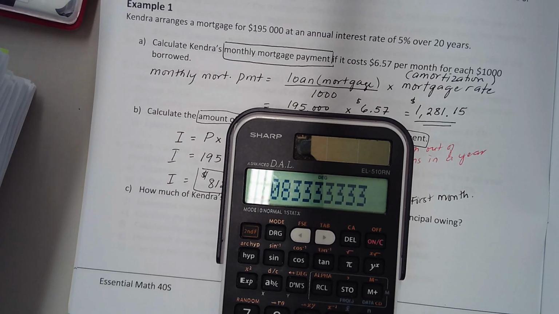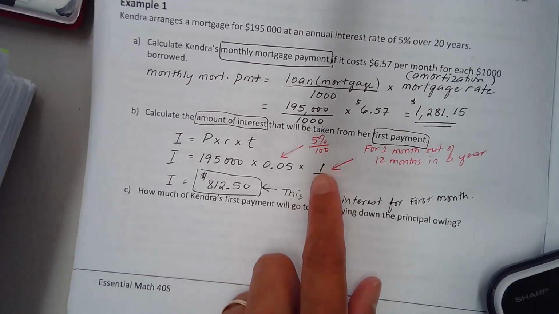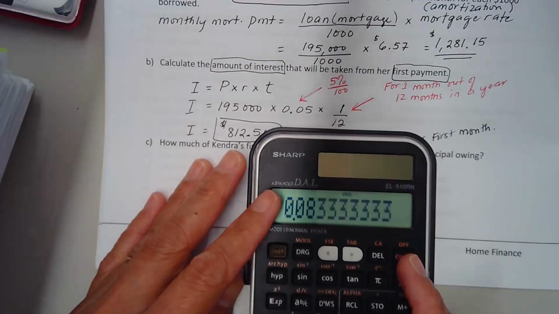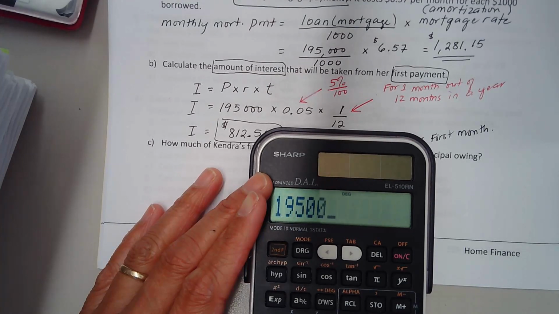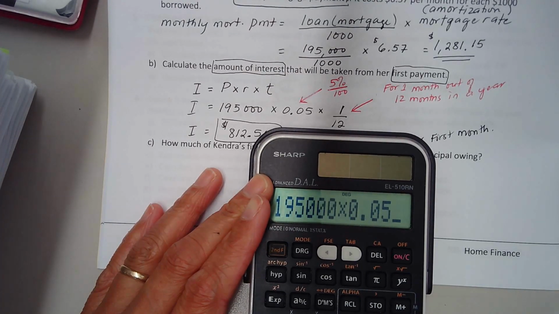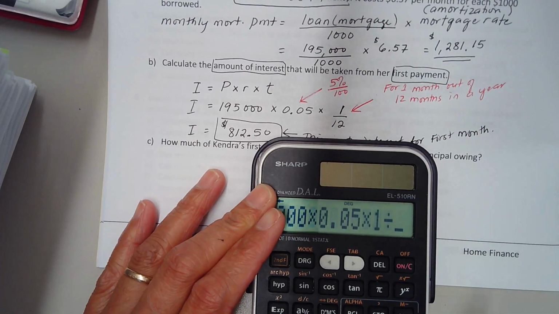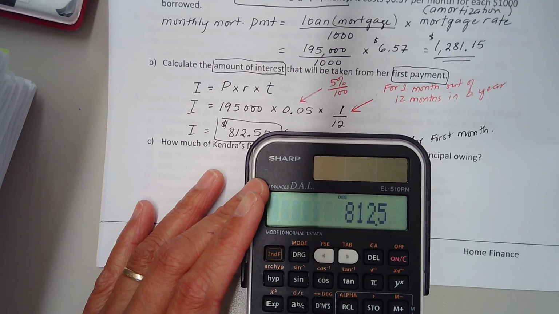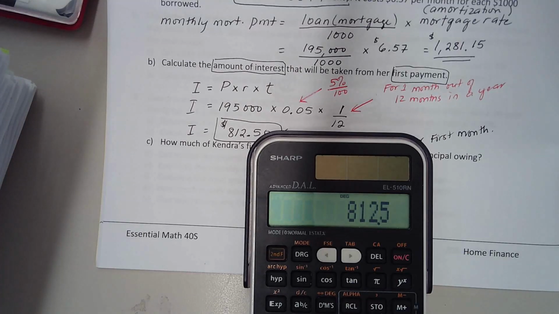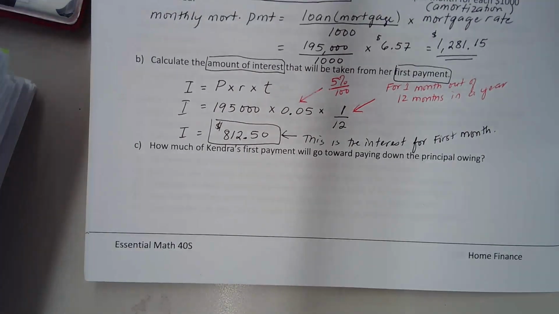Instead of that extra step, we can just go 195,000 times 0.05 times 1 divided by 12. And then you don't have to worry about extra decimals. Is that okay? Any questions there? So $812.50.